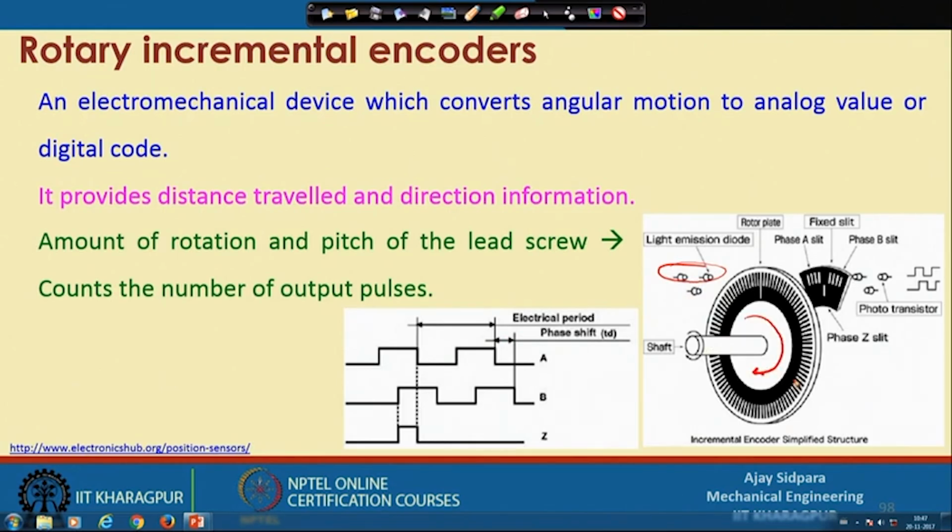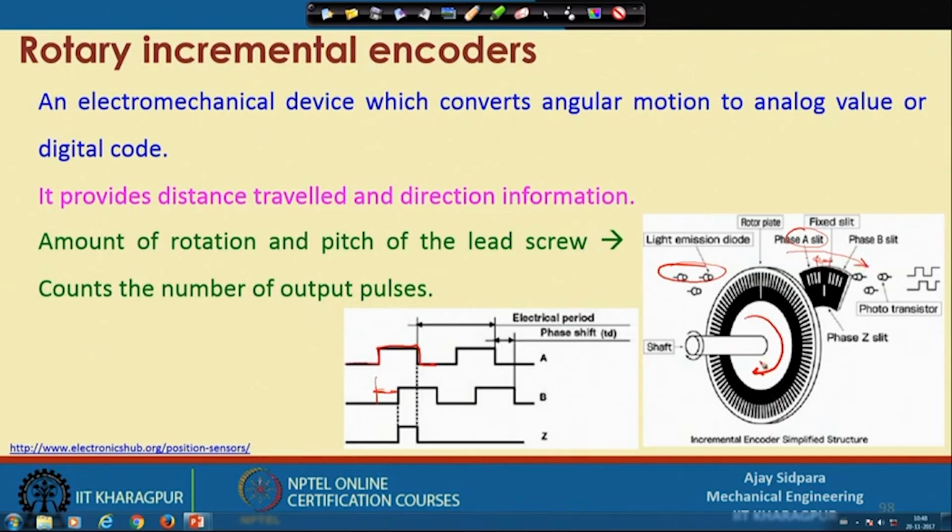When it is rotating clockwise, your A slit will get the signal first, because it is located first. So, this is the signal strength of A. It is starting with this particular lag. How much is this lag between the signals A and B? That is the distance between A and B, correct. So, this is the A signal, and after a certain time you will get the B signal. So, our sequence is from A to B, and it is rotating in the clockwise direction.